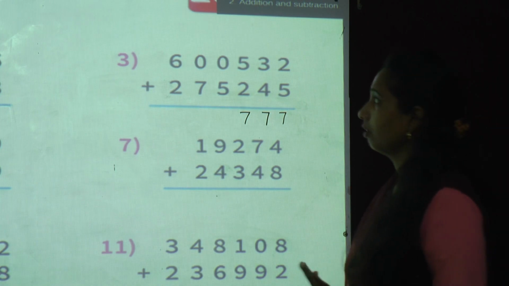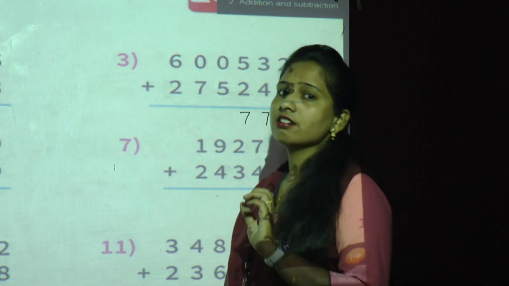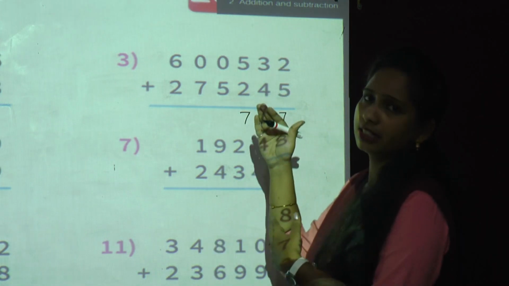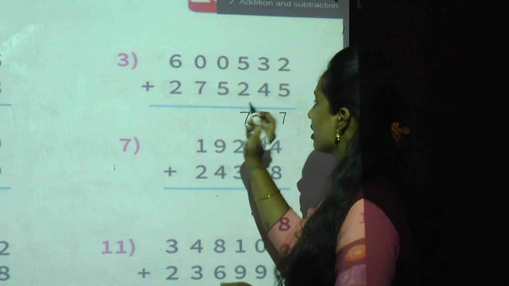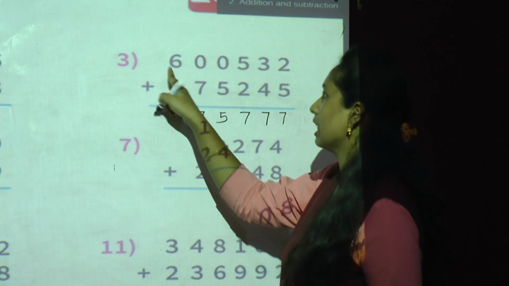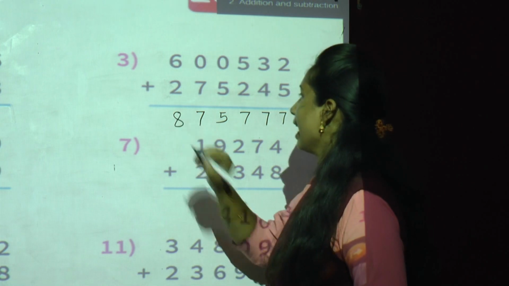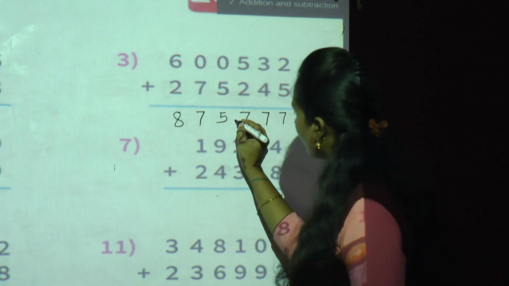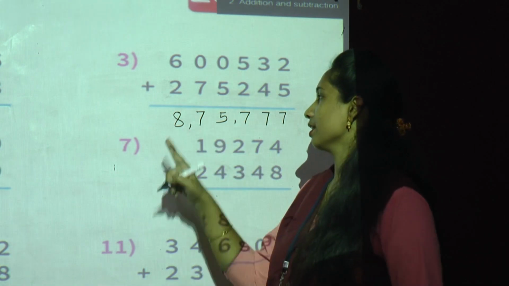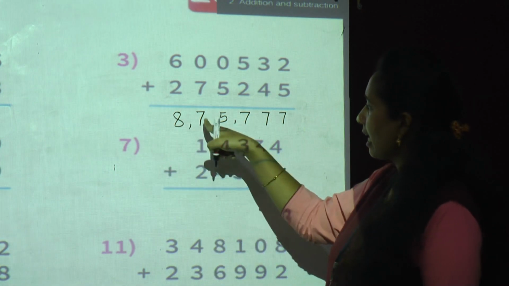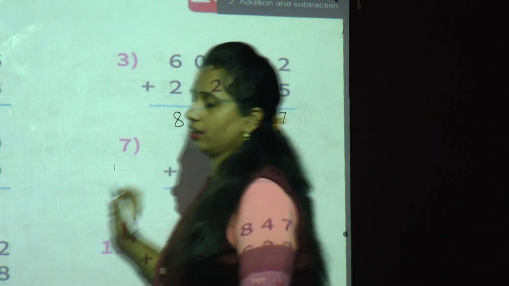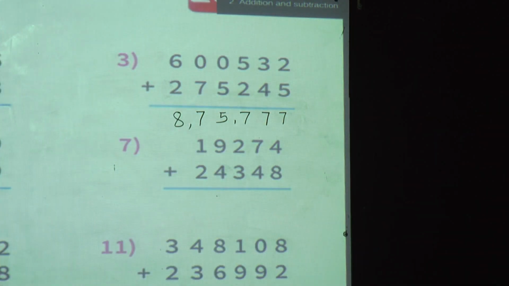As I told you, whenever we add 0 to any number, we get the number itself. So 0 plus 5 is 5, 0 plus 7 is 7, 6 plus 2 is 8. In the Indian system we give a comma after 3 digits from the right and then after every 2 digits. The answer is 8,75,777. Got it? Very easy.